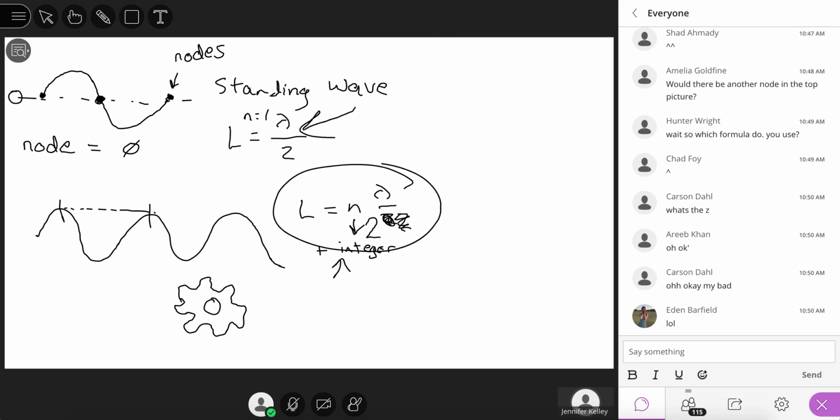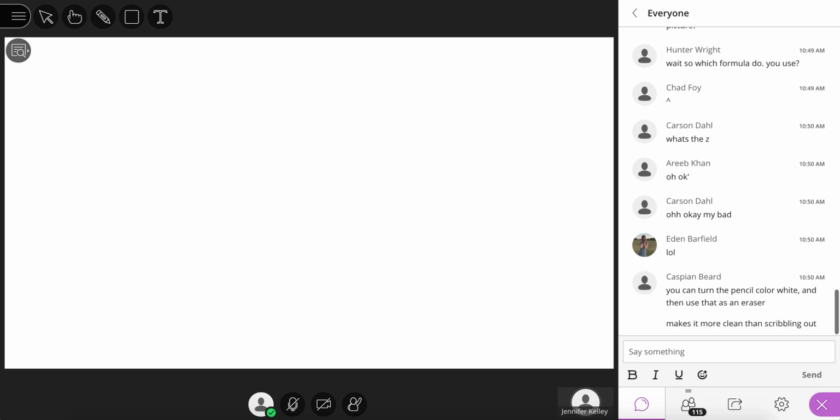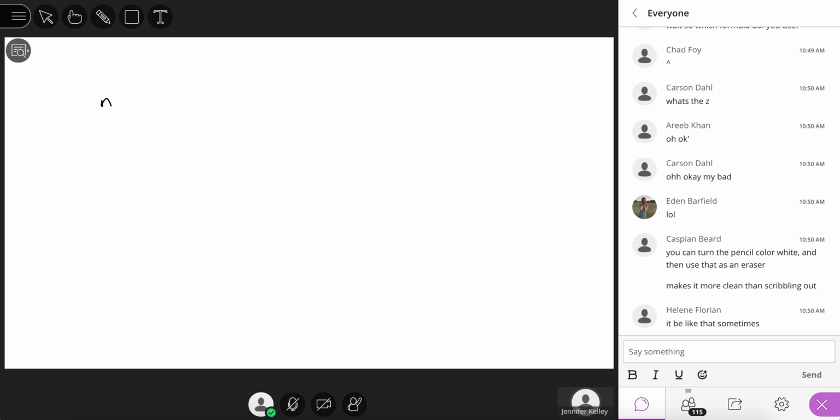So looking at the circumference of a circular wave, if you have n lambda, that is equal to the circumference of a circular wave.